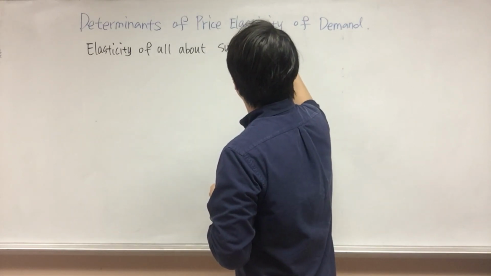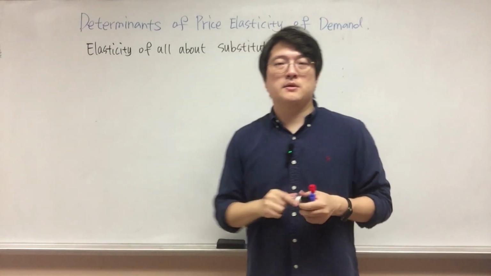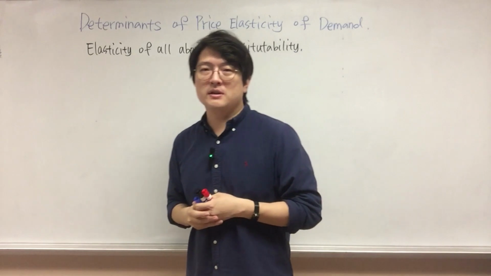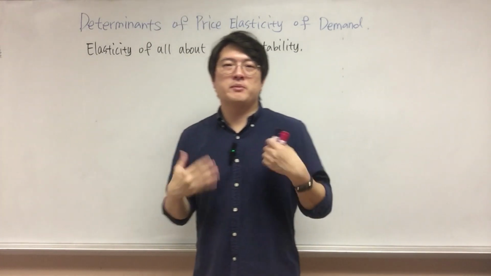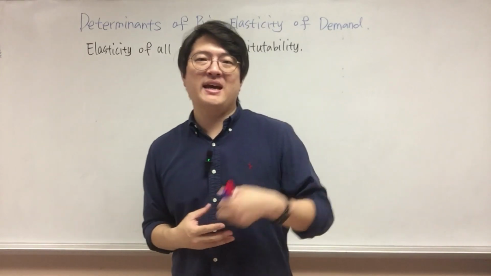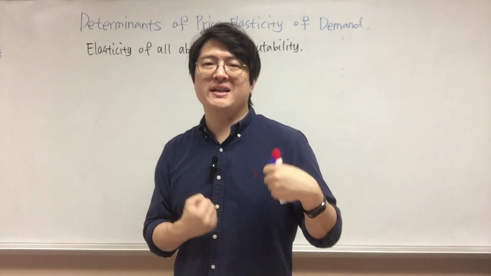So if you don't have a close alternative to choose from, you are probably going to be inelastic. And if you have a close alternative to choose from, you are going to be elastic.